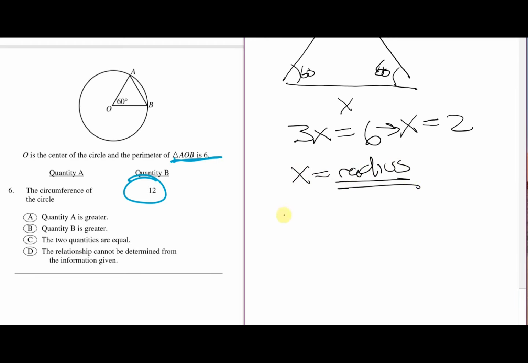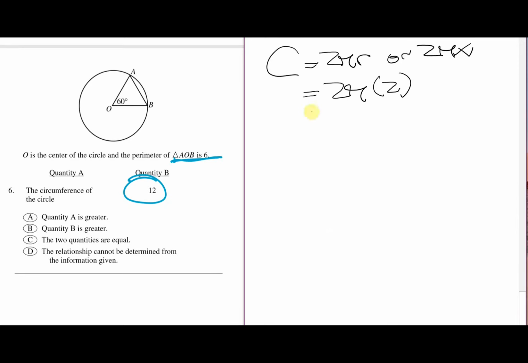So the circumference is 2 pi times r, or 2 pi x, which is 2 pi times 2, equals 4 pi. So we know pi is 3.14 dot dot dot.